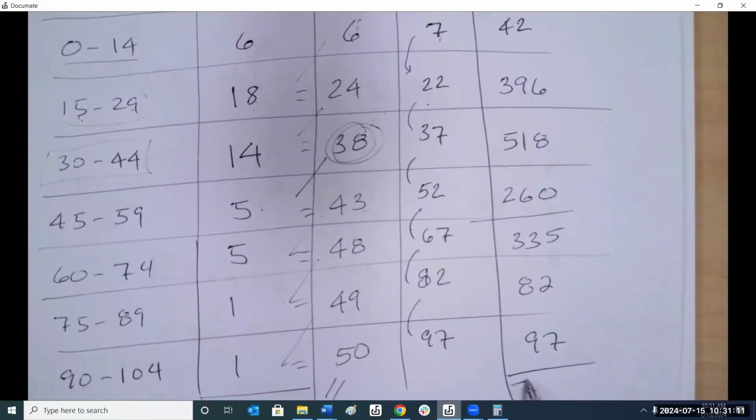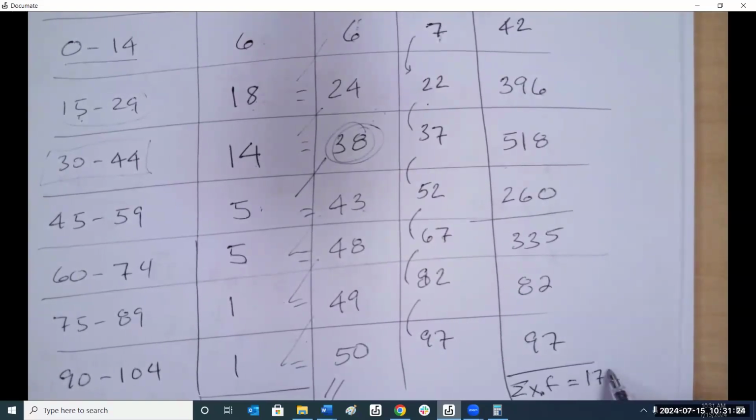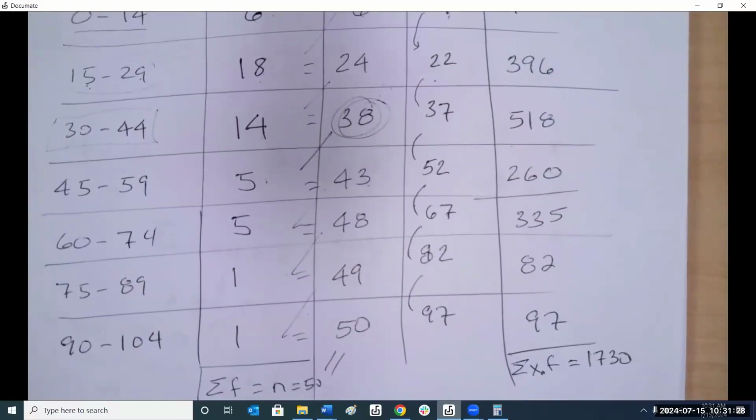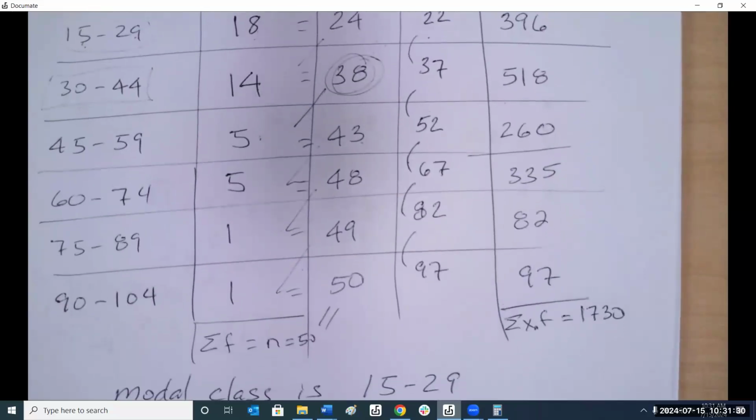Now we have to add up all those. The sum is 1,730.